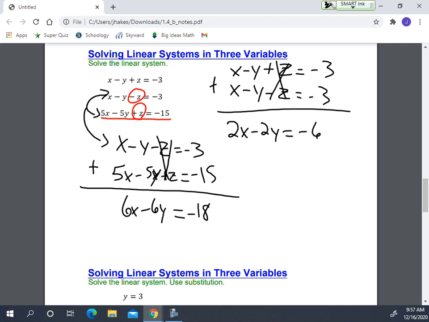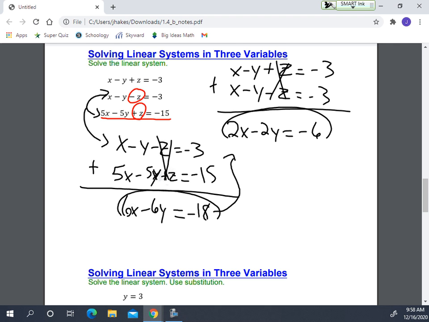Okay, now I have to use this equation. Again, I have to use this equation. So if I set those up, I have 2x minus 2y equals negative 6. Let's erase these circles here. I'm going to bring this up here.